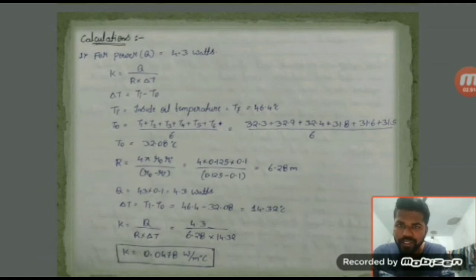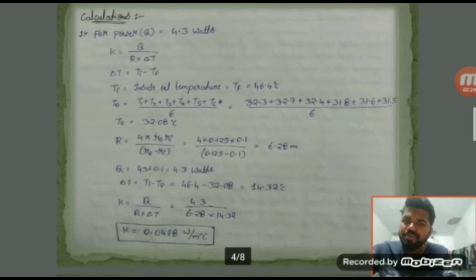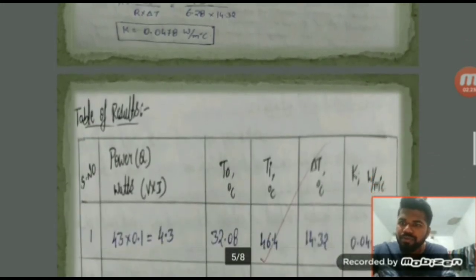The coefficient of thermal conductivity K is equal to the power, 4.3 watts, divided by shape factor 6.28 into change in temperature 14.32. The answer: thermal conductivity of the insulating material K is equal to 0.0478 watt per meter degree centigrade.